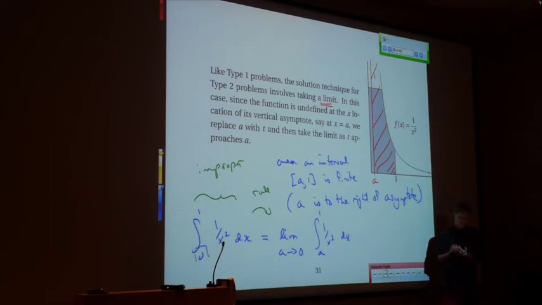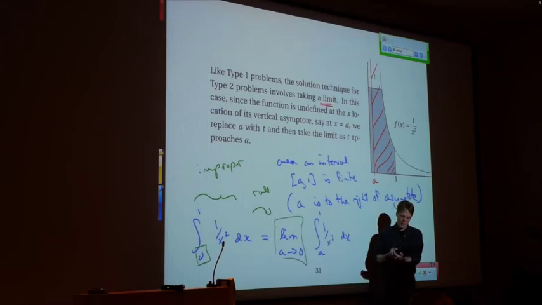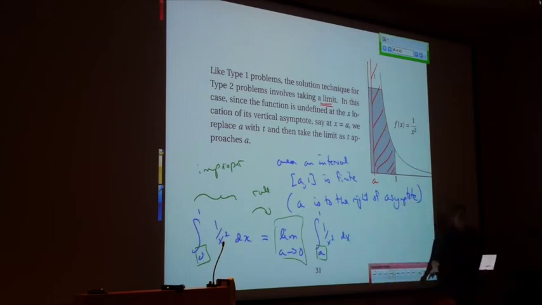So this 0 is our bad point, our suspicious point, and we're going to replace it with a real finite value that's not 0, and then we're going to push a closer and closer to 0, and the only little technical tidbit is that it's from the right. This 0 plus here means from the right.